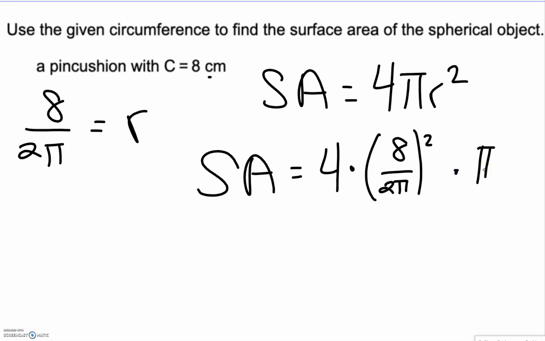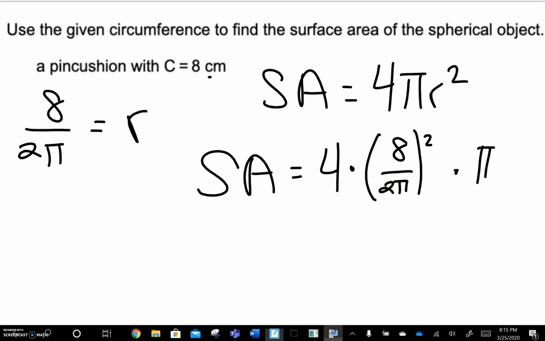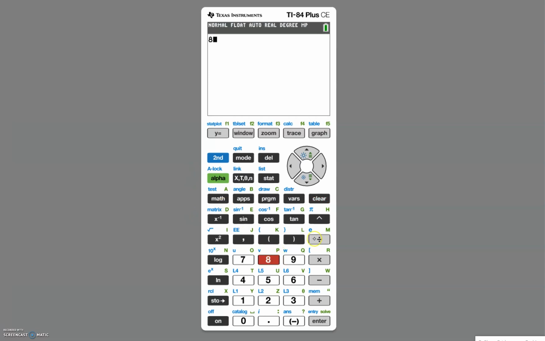What gets a little bit tricky when you put this into the calculator is that if you just put in 8 divided by 2 pi, we get 12. Why does that not make sense? 2 times pi, which is approximately 3.14, is about 6, and 8 divided by 6 is not 12, so what is happening here?